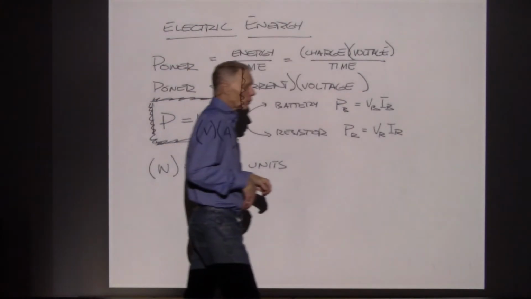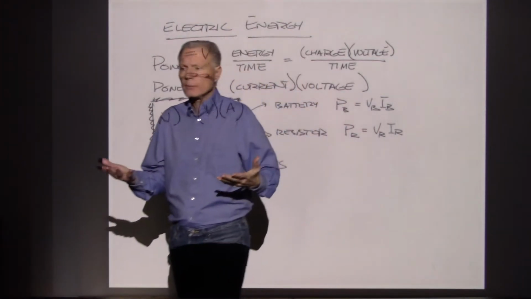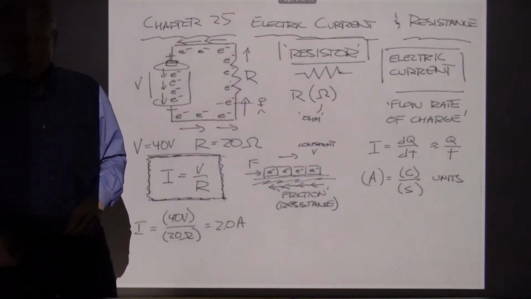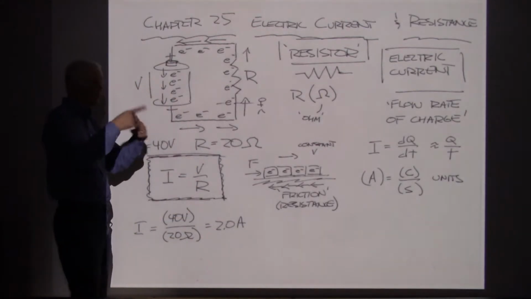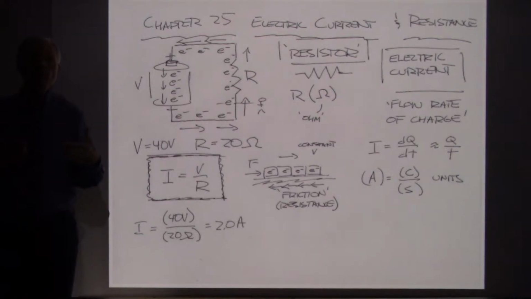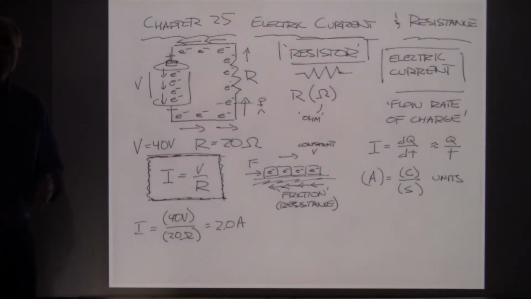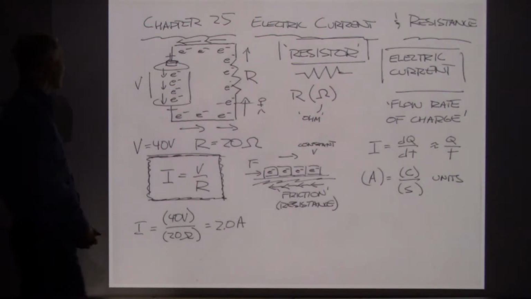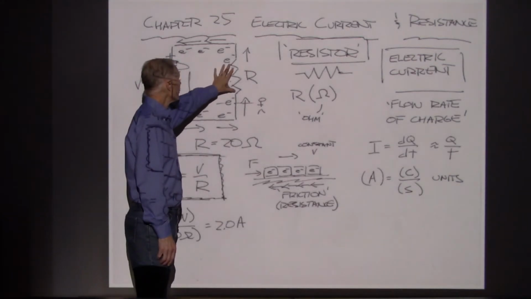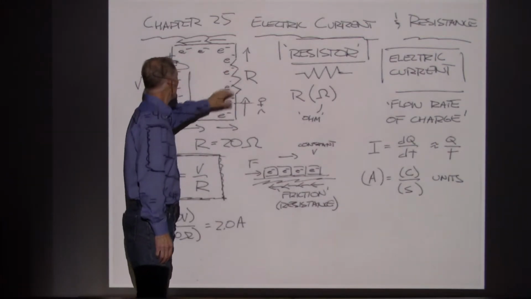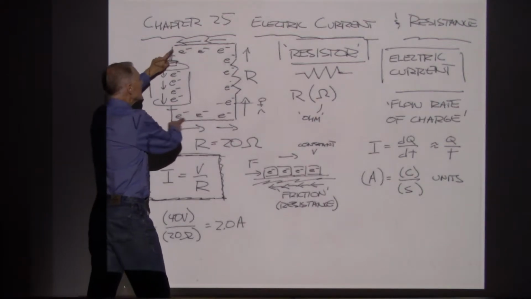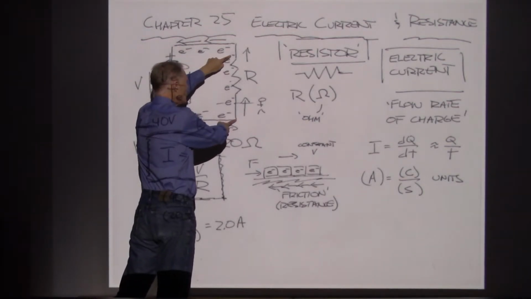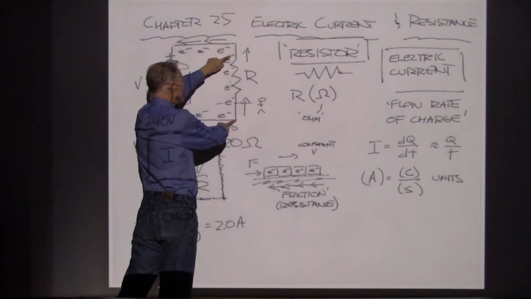And so where is the power going in the circuit that we have set up? Well, the power is coming from the battery. So the battery is providing energy at some rate. Some number of watts are being provided by that battery. And in this circuit, the energy is going into the resistor. So notice that the voltage being provided by the battery is also the voltage across the resistor.